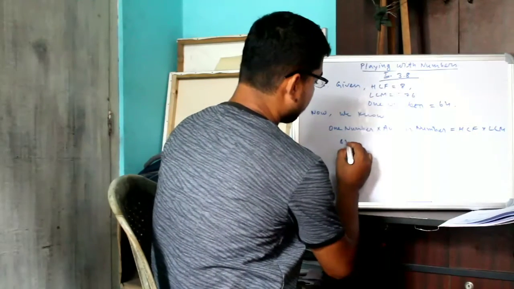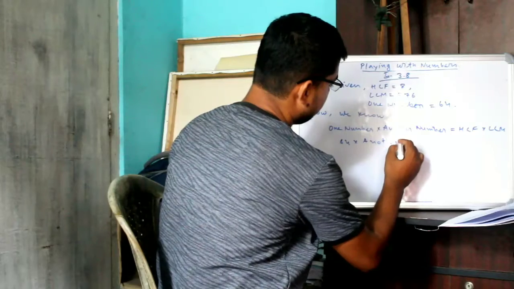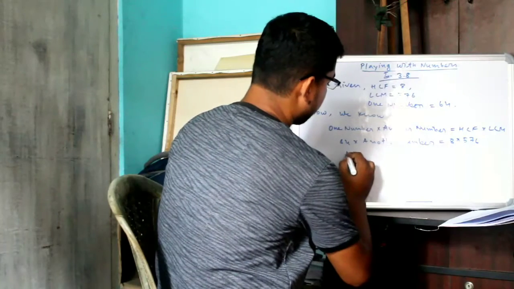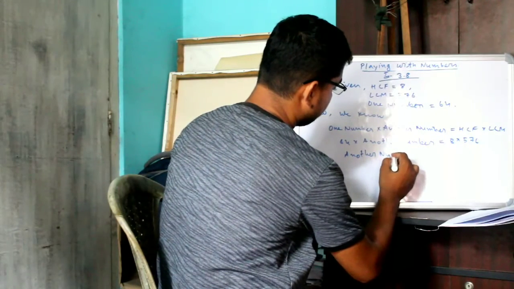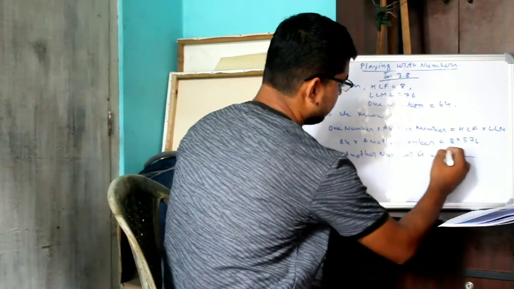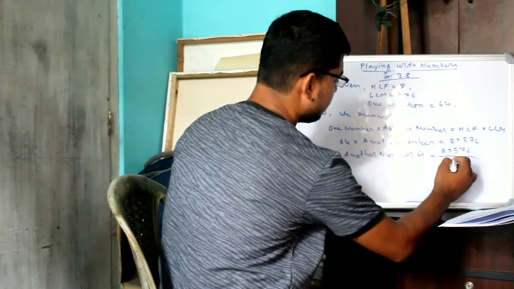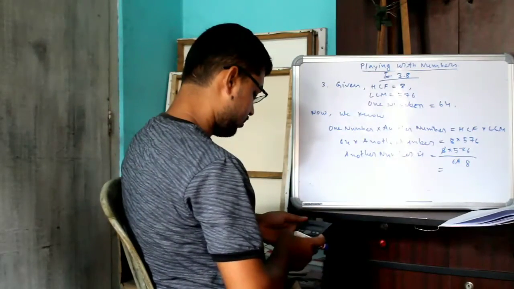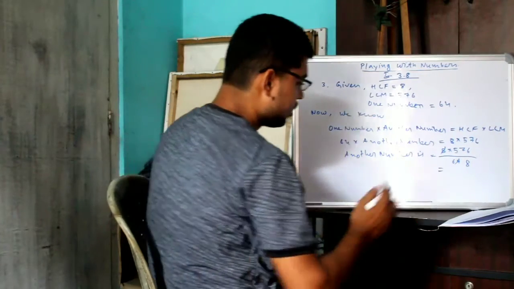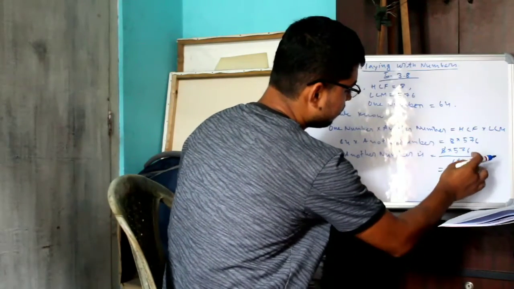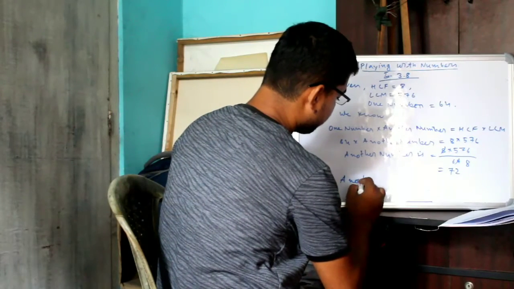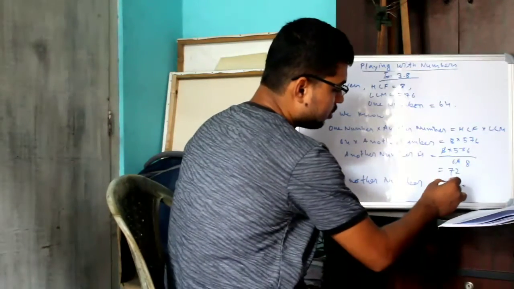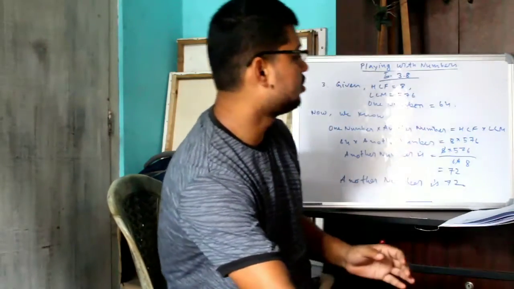One number is 64, another number I don't know. HCF is 8 into 576, so the other number is 8 into 576 by 64. 8 divided by 8 one time, and 576 divided by 8 is 72. So the other number is 72. By this method we can find the missing number.